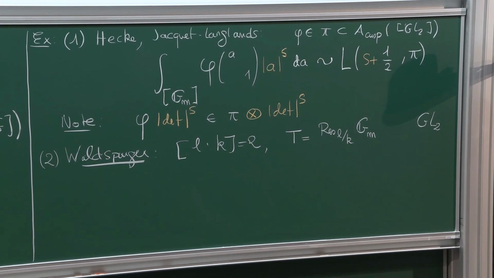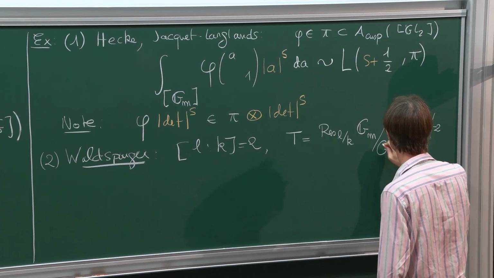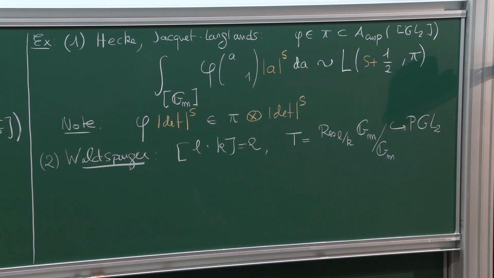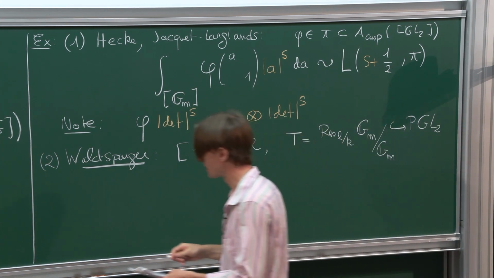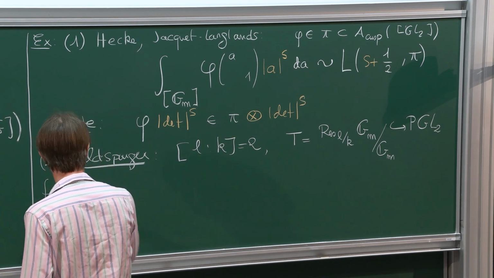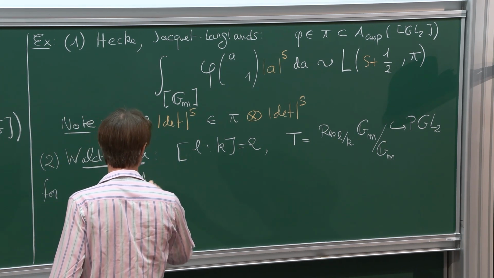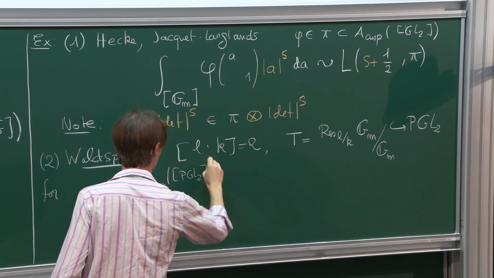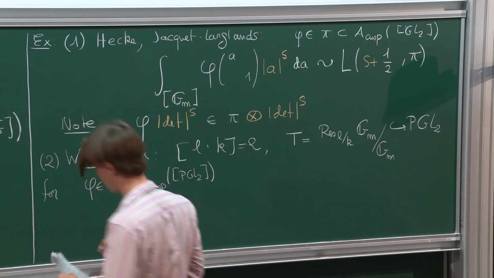Choose an embedding. Actually, it will be more convenient to quotient by the center, so we consider this as a maximal torus of PGL2. Then, again, take pi a cuspidal automorphic representation of PGL2, and a form phi in pi.